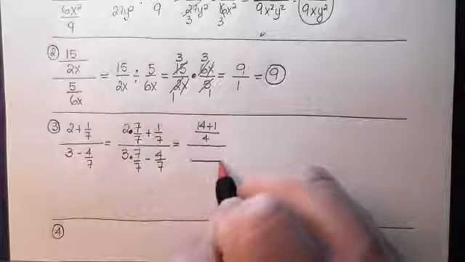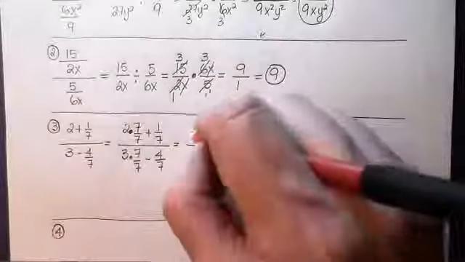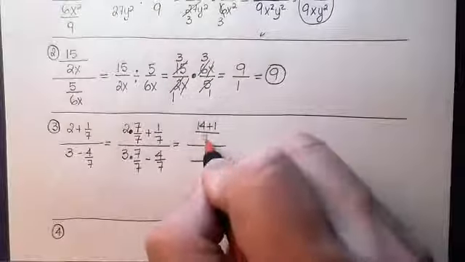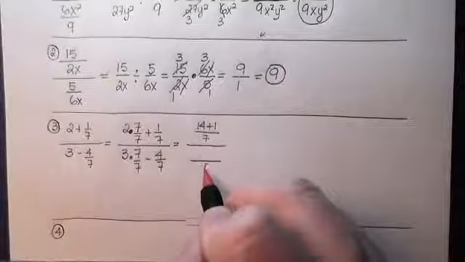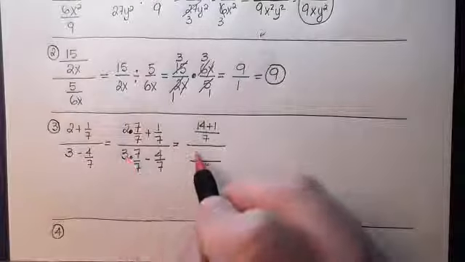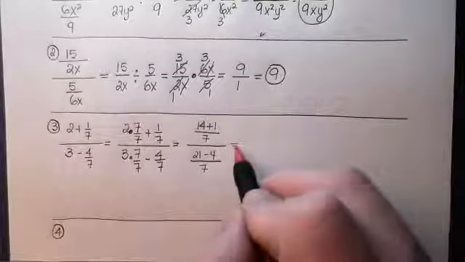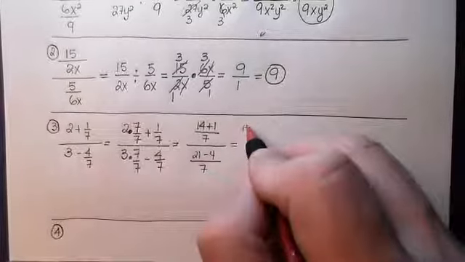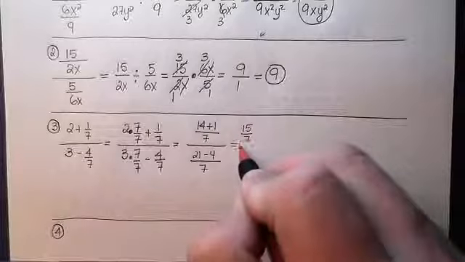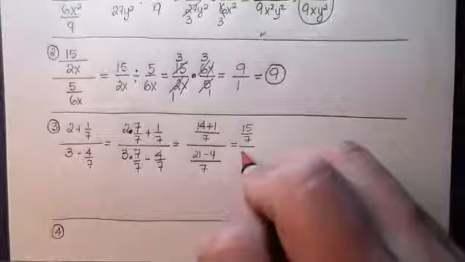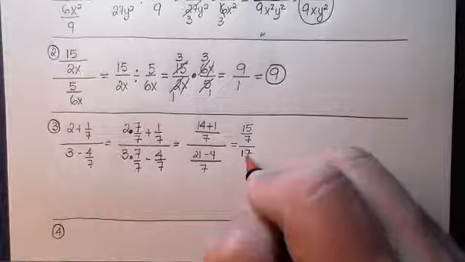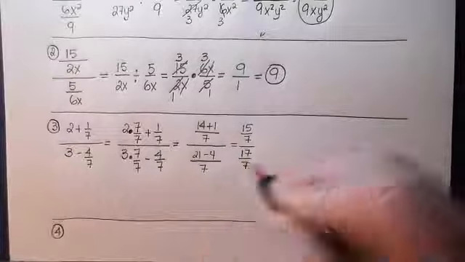And on the bottom I said 7, but I wrote 4, so it's 7 right here. And then here is going to be 7. And 3 times 7 is 21 minus 4. So this would be 15 over 7 over 21 minus 4 is 17 over 7.